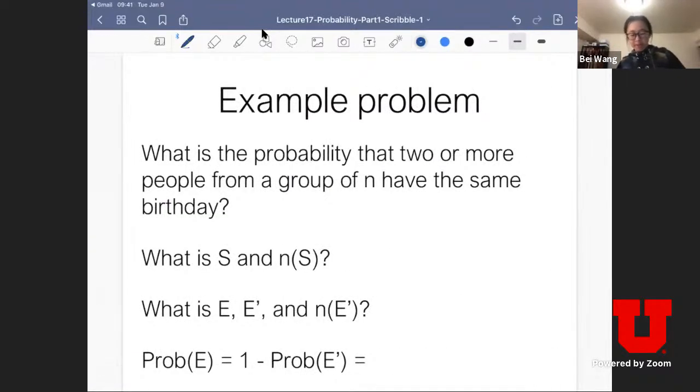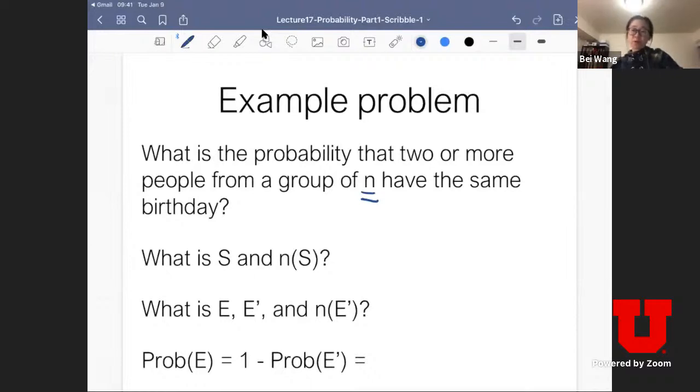So let's look at an example. We're asking, if there are n people in a group, what is the probability that 2 or more people from the group have the same birthday? Okay, so the first question is asking what is the sample space and what is the size of the sample space? The sample space is, there are n people.